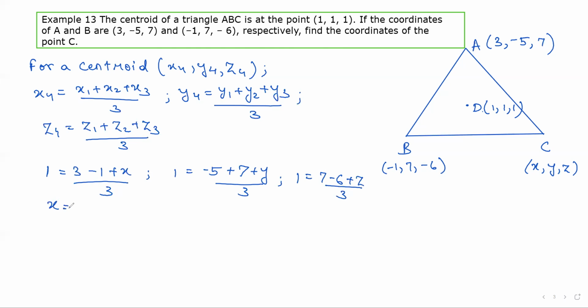Therefore, your x is equal to 3 will get cancelled, positive 1, or y is equal to 3 minus 2, which is equal to 1, and your z is equal to 3, 7 minus 6 is 1 plus z, which implies z is equal to 2. So, coordinates of C are (1, 1, 2). Thank you.